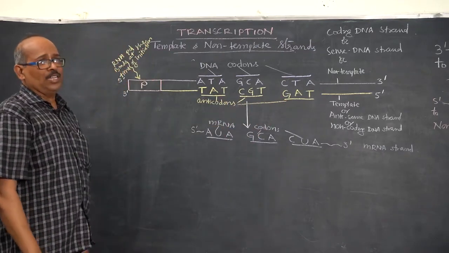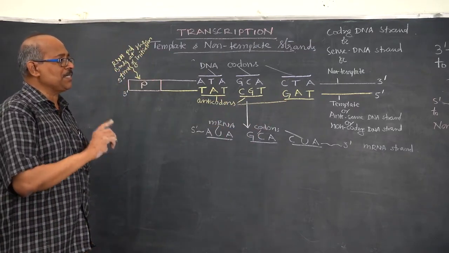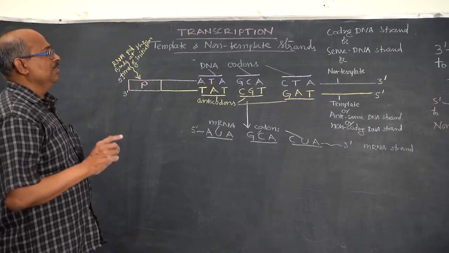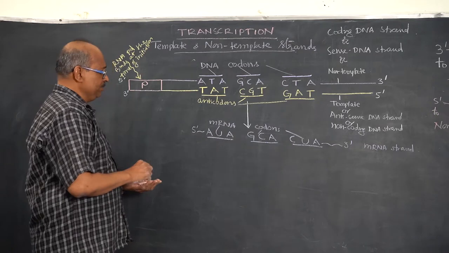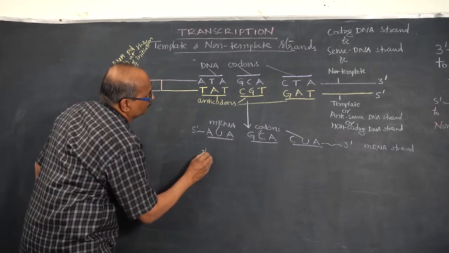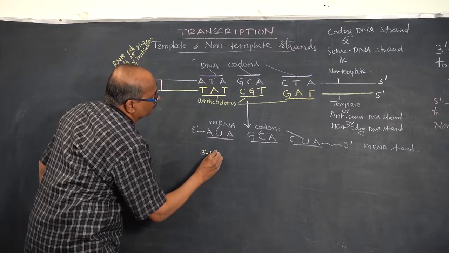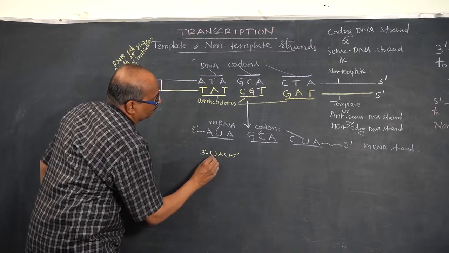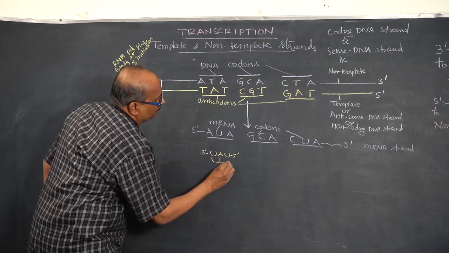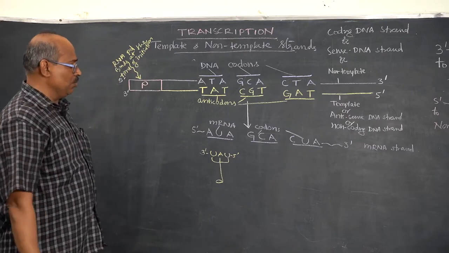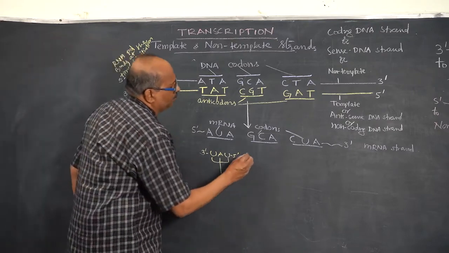So anticodons we can find in template strand of DNA as well as in the tRNA. So that is one anticodon.